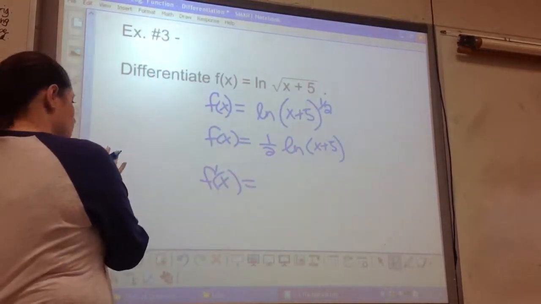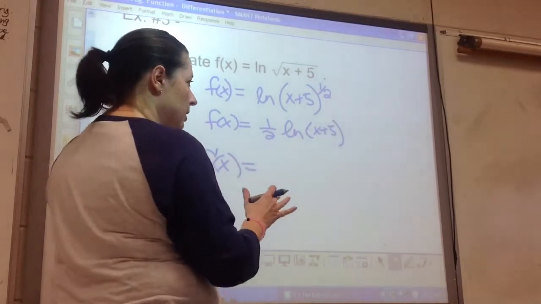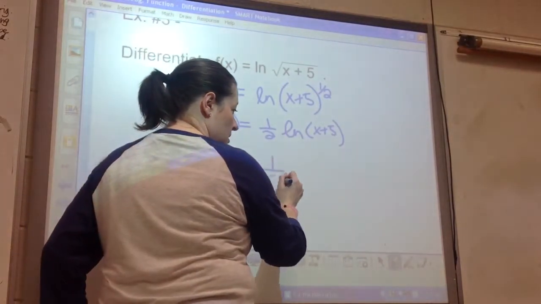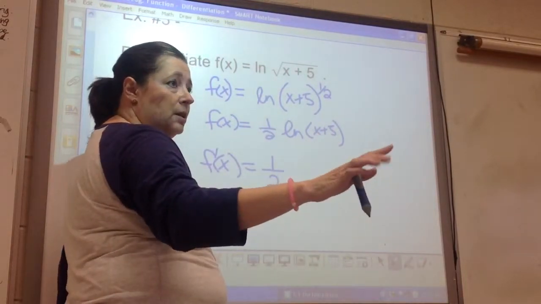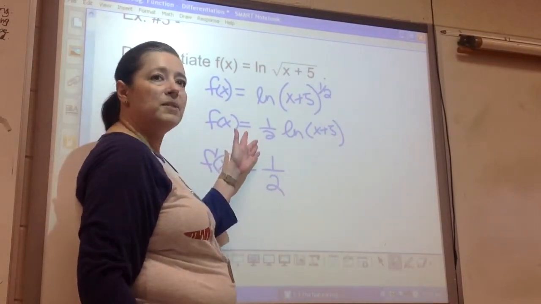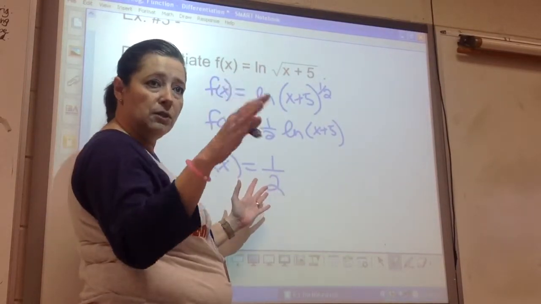Alright, so look, we got a constant times a ln. So we can say constant times, now think about this. This is like if you had a constant times sine, the constant stays there and then you do the derivative. Same idea.